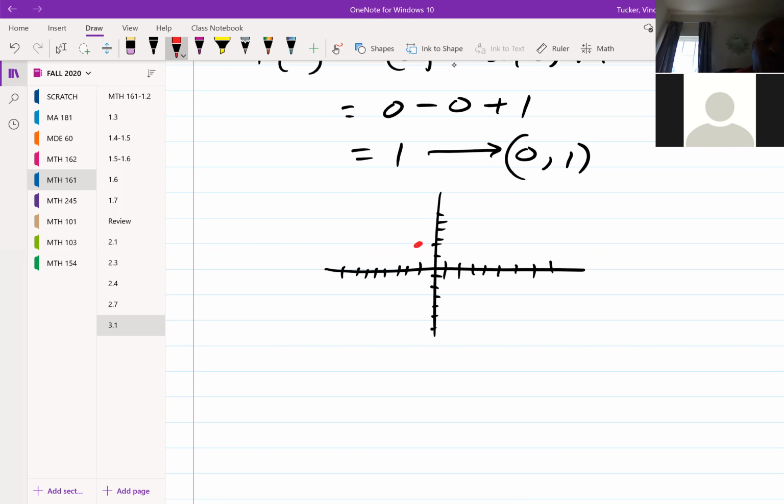And negative 2.4 and positive 0.4. Then we have 0, 1. That's my y-intercept. That's good enough.